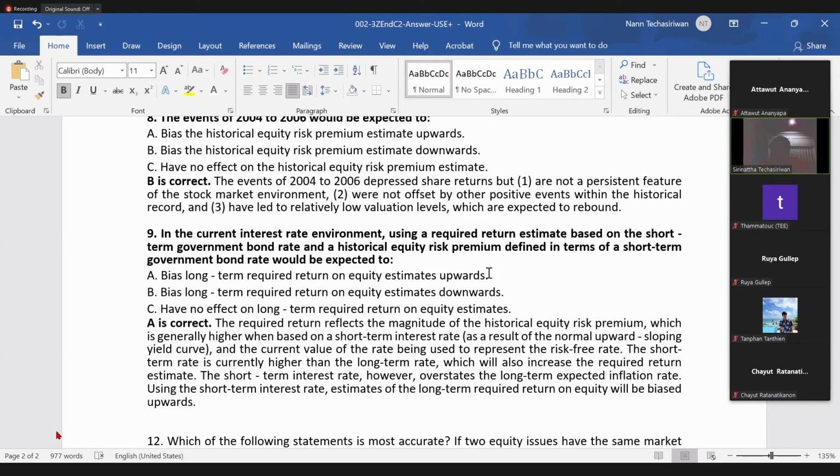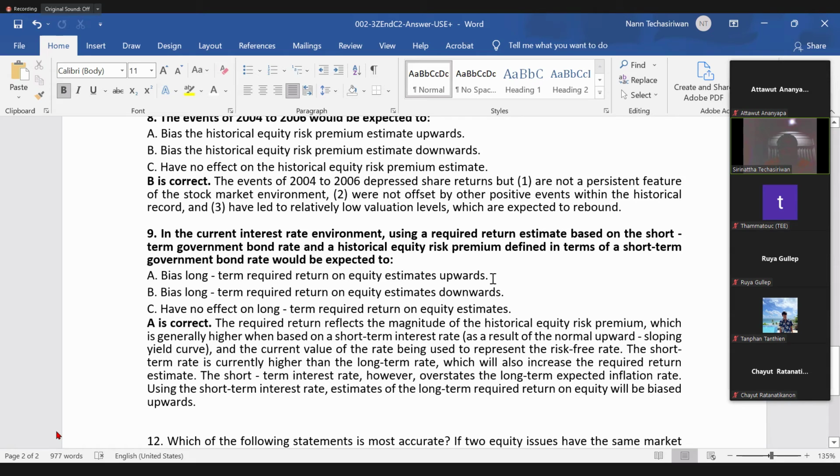So in this one, using a required return estimate based on the short-term government bond rate, which is abnormally high at the moment, right? And you add to this abnormally high short-term rate the risk premium estimated from the normal yield curve. So in this case, the answer is that it will bias the required return upward.